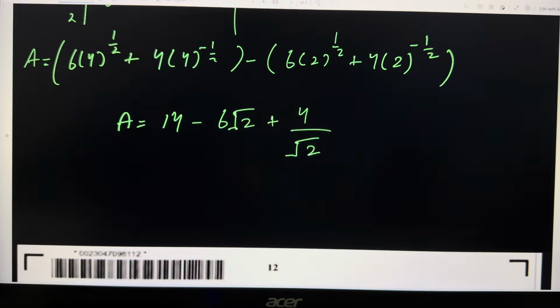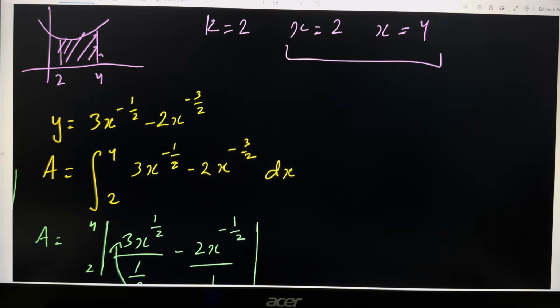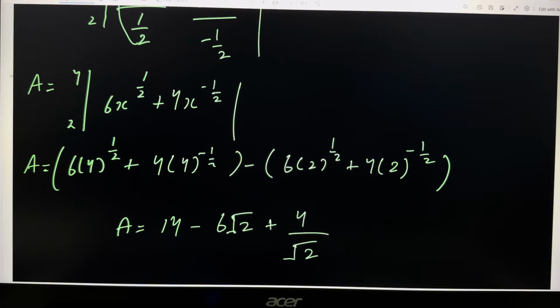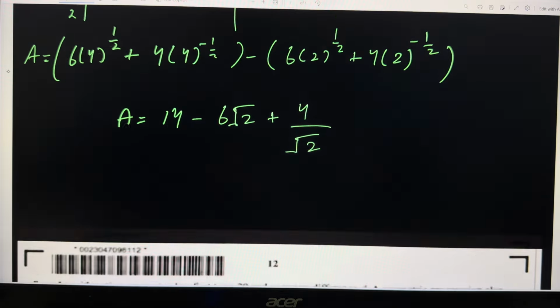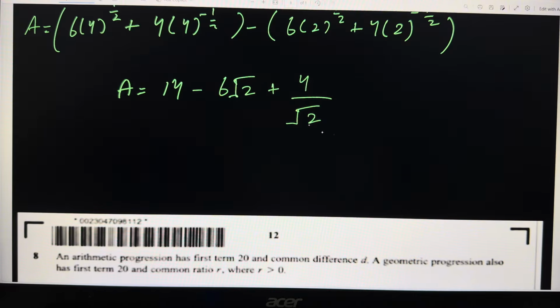Now, which form does it want it in? Okay, it wants it in a plus b under root c. Now you don't need to specifically know surds here, but you just need to know one thing, and that is that we have to rationalize this. How rationalizing works is that you take the denominator and multiply both the numerator and denominator by it.